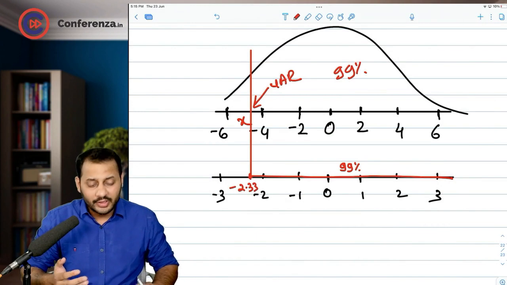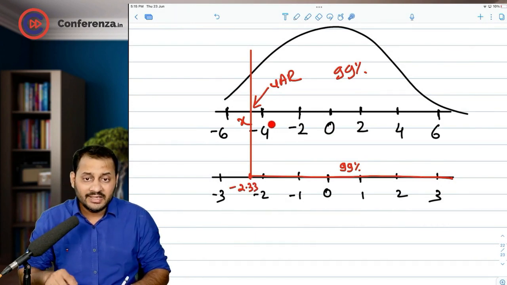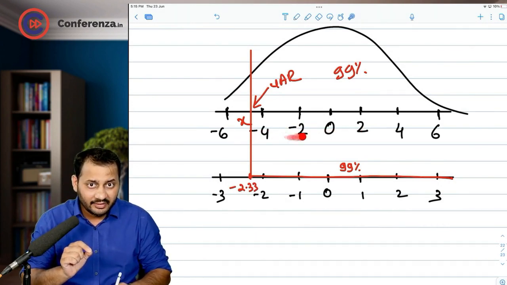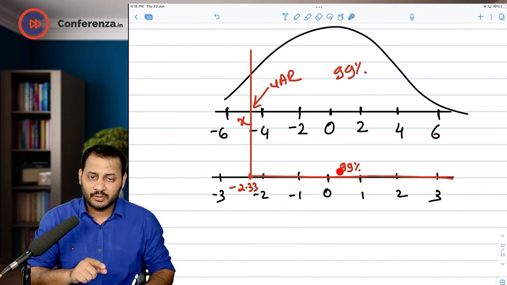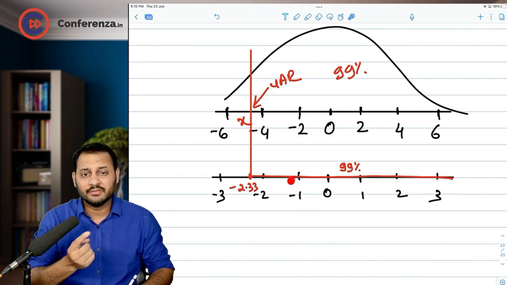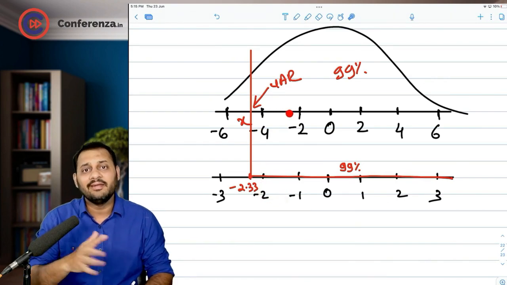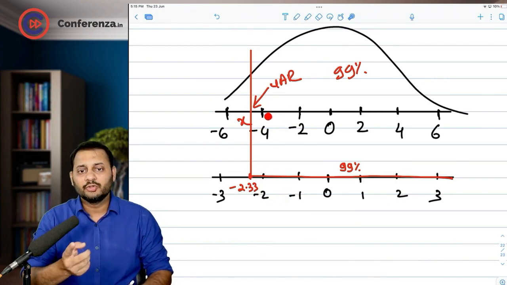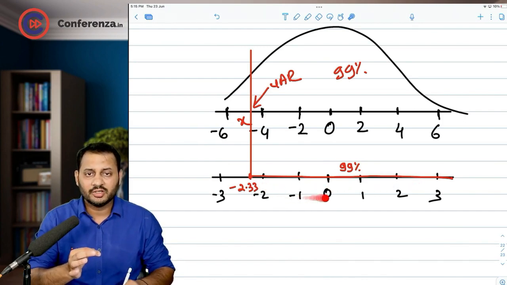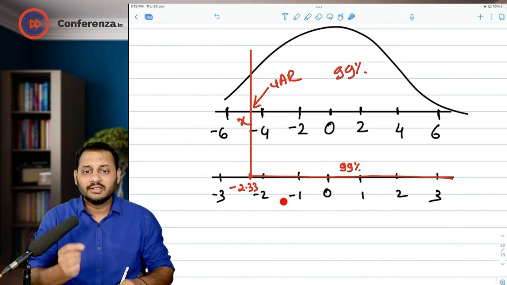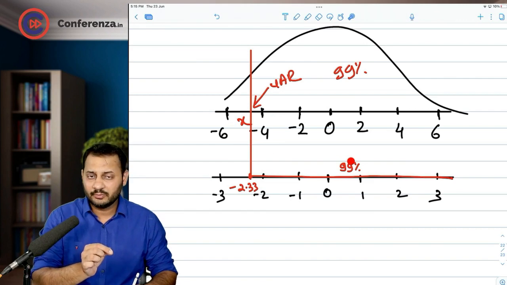How did you calculate that? You calculated by equating this entire diagram with the standard diagram. You wanted 99% probability, and that 99% probability is given in the standard diagram, not in any diagram given in the question. So first you drew this standard normal table. Then you found the 99% probability. Where does it lie?